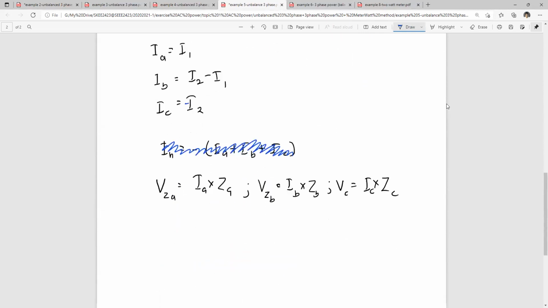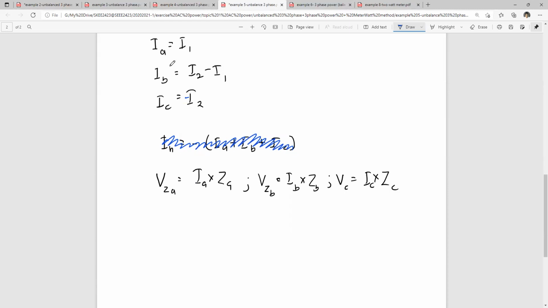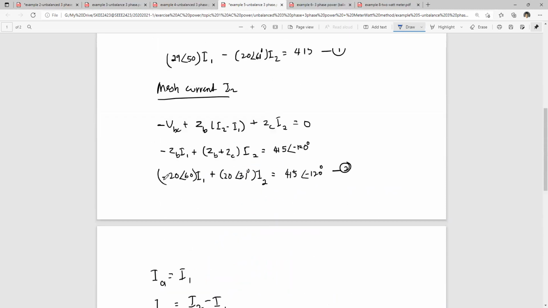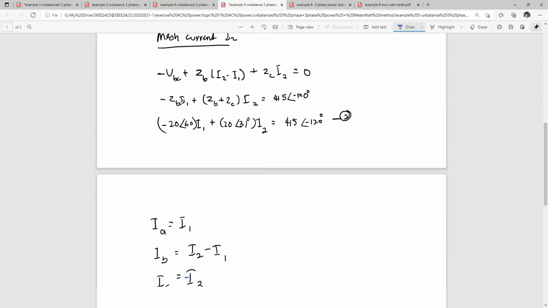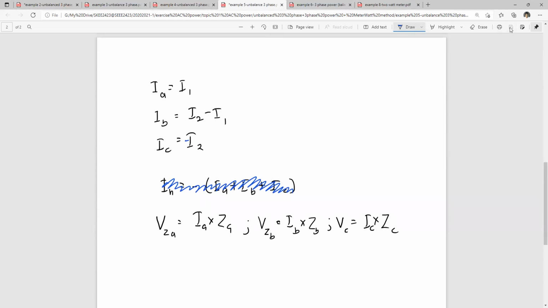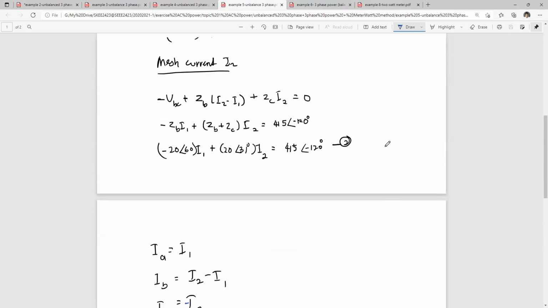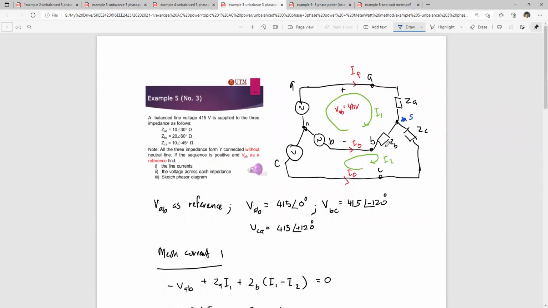After you obtain IA, IB, and IC, you will directly obtain the voltage across the load, and also you can sketch the phasor diagram. I think that is it for the unbalanced three-phase examples.